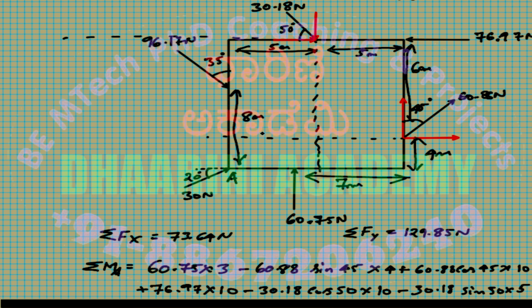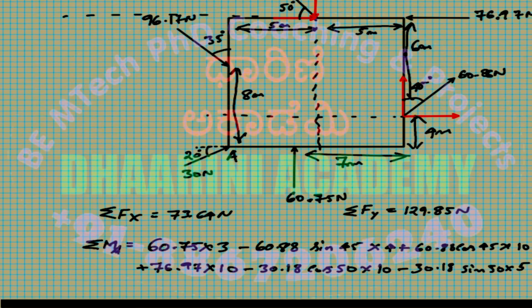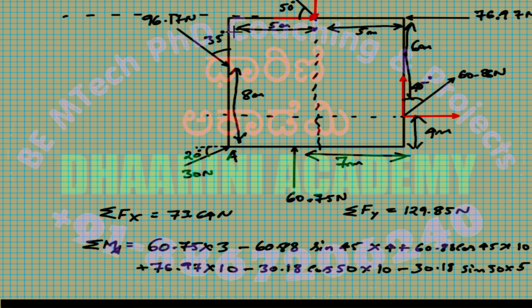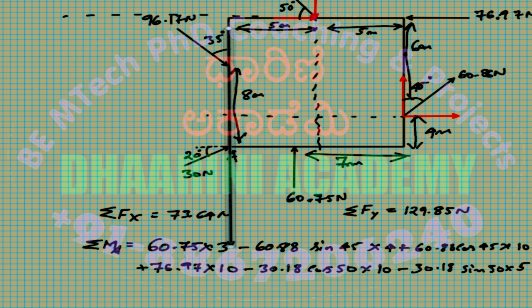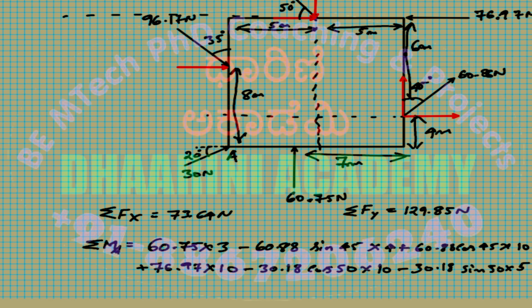Then we'll move on to the next force, that is 96.17. If you look carefully, again the shortest distance is not directly available, but I can split it into horizontal and vertical, out of which the vertical component passes through A, so I don't have to consider that. We'll write only the horizontal component, which I consider for the calculation of the moment.